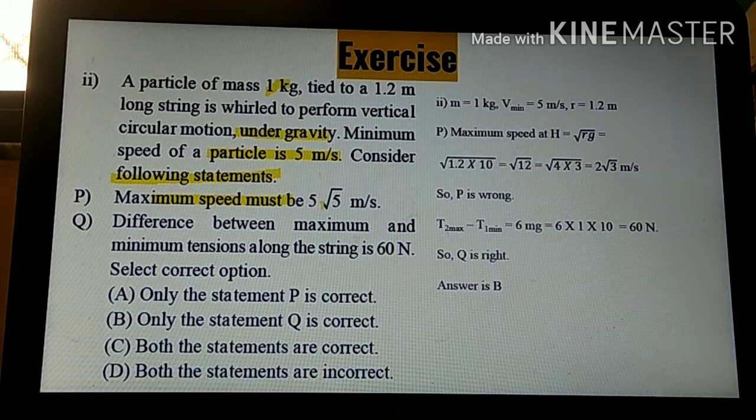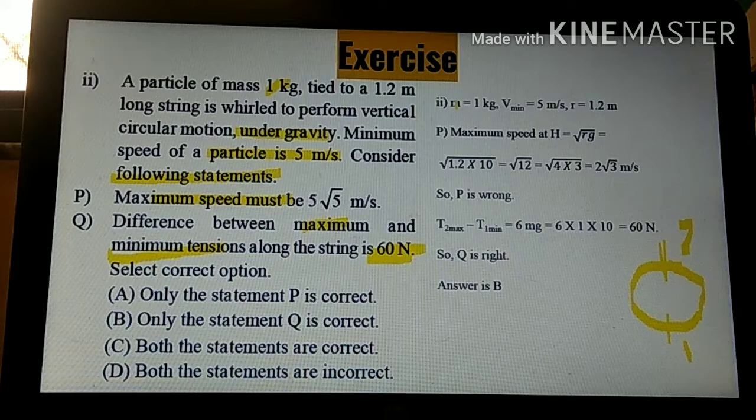Over here they have given that maximum speed is 5√5 meter per second, and the difference between maximum and minimum tension. Maximum and minimum tension means what? Tension at this point and tension at this point. If this is point 1 and this is point 2, so tension between these 2 points we have to find out, and we have to check whether it is 60 Newton or not.